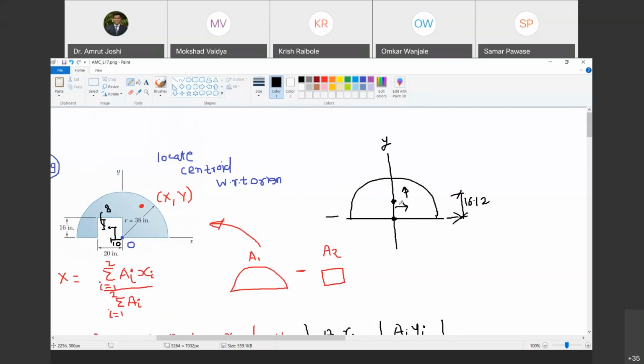Does it make sense? So it was obvious intuitively that the centroid should shift towards the dense area, and therefore right and up with reference to a semicircle which does not have this hole. Are you with me? Yes, sir. This is how you have to always keep track. Always be conscious while you interpret the answers. Are you with me?